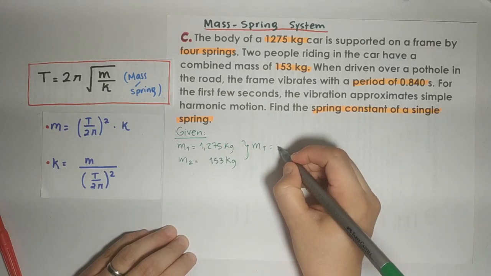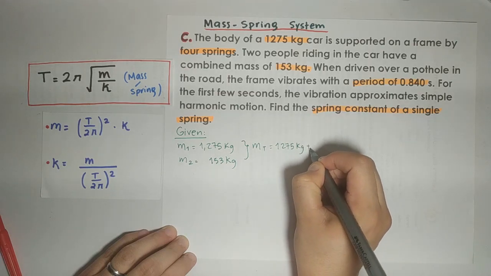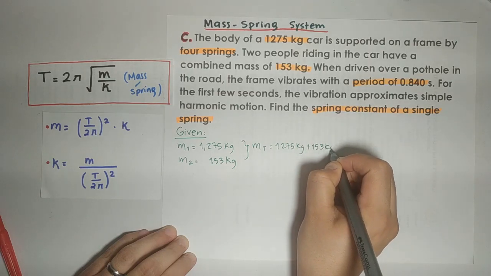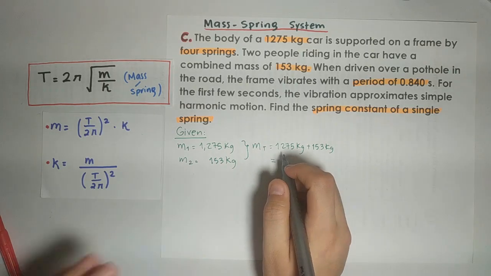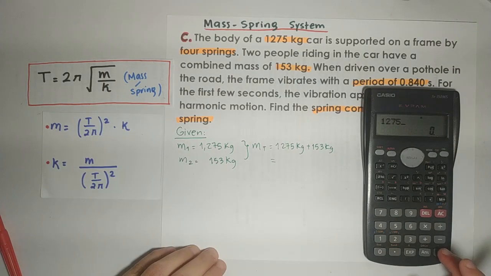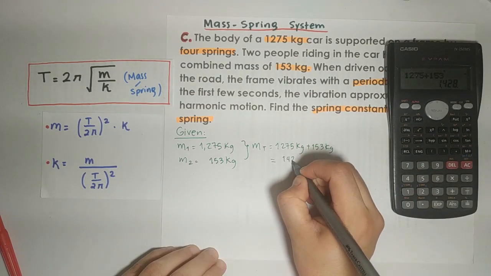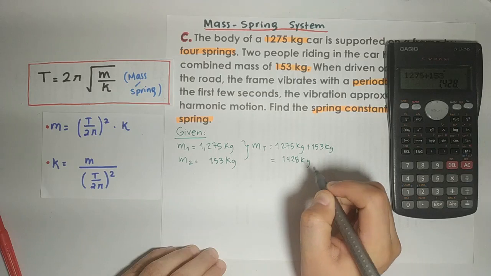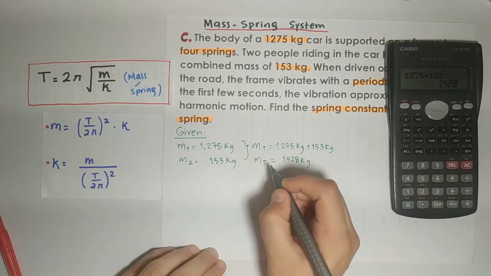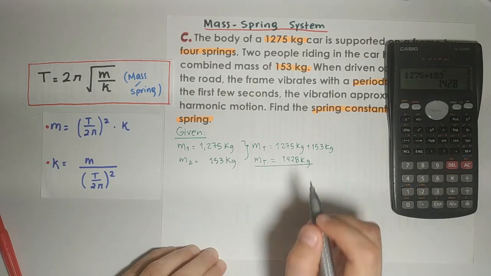So I say 1,275 kilograms plus 153 kilograms. This gives me, let's see, on the calculator, 1,428 kilograms. This is the total mass.